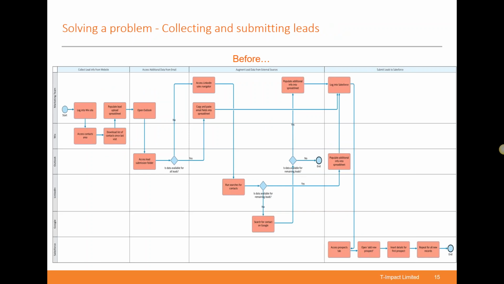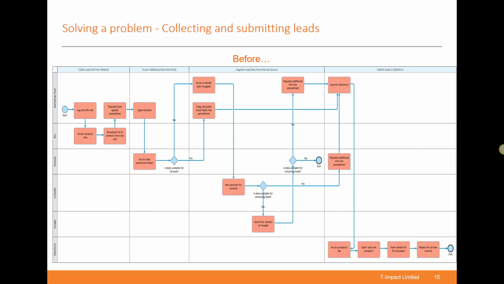So what did we do? Well, rather than just deploying the technology and hoping it would work, as we discussed earlier, we know that's not going to work, we started by understanding the current process and looking at what we did. Now, this is a map from IBM, a tool called IBM Blueworks Live, which is a fantastic process modeling and mapping tool. You might use Visio for process modeling or another tool, but we find this is really powerful.